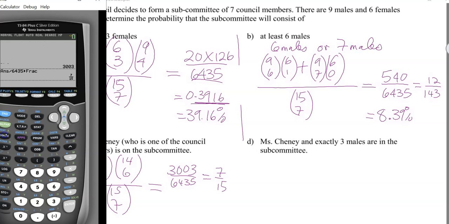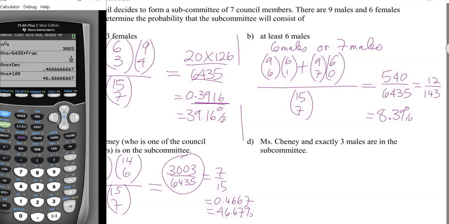Okay, I can go math, change that to a decimal, 0.4667, multiply by 100 to get a percent, 46.67%.